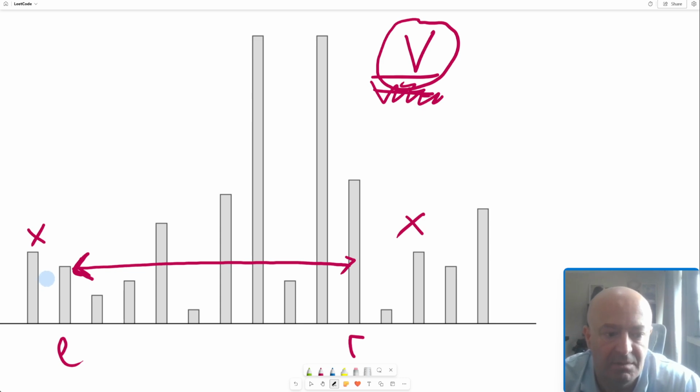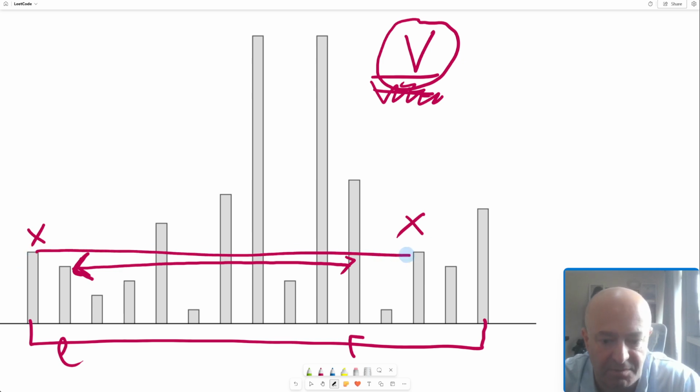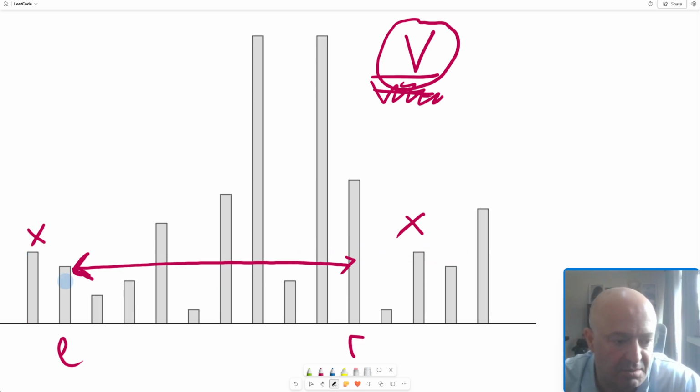Initially, that's given because I'm looking at the entire array. If a better container exists, clearly its walls cannot be outside of the array. So my logic is fulfilled initially.